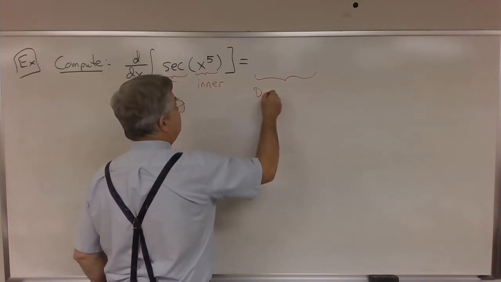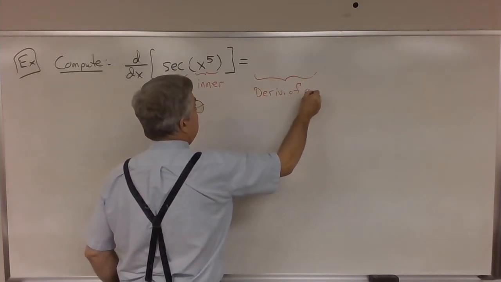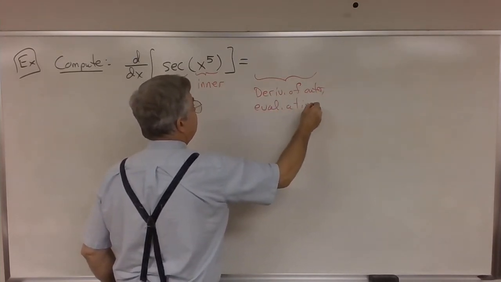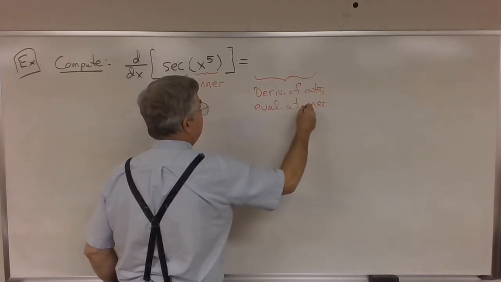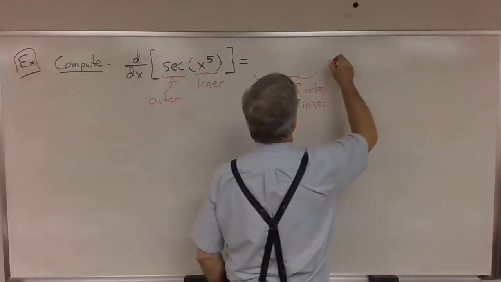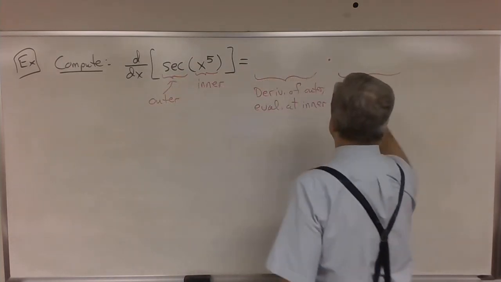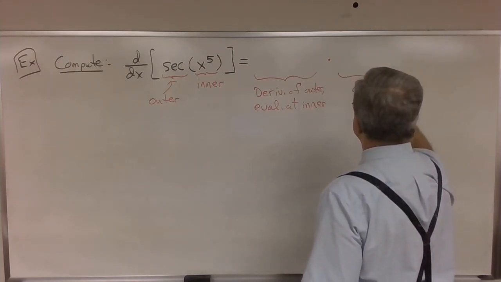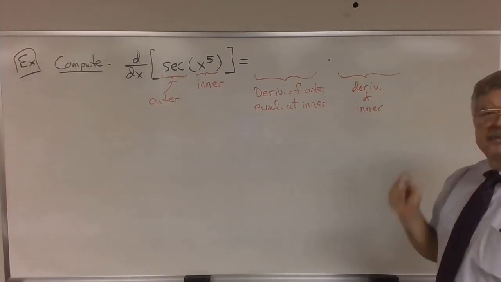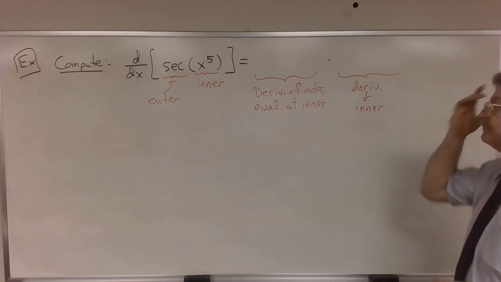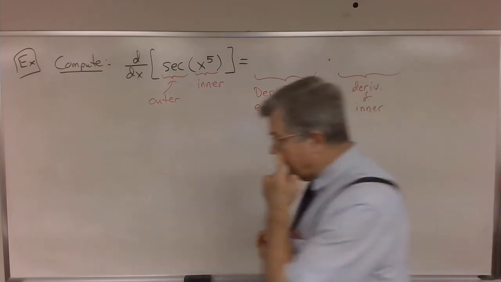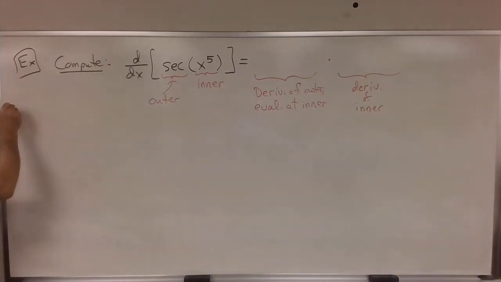So we have the derivative of the outer evaluated at the inner and then times the derivative of the inner. That's what the chain rule says that we get. And as I did before, I'm going to plan this out. I'm going to write down my scratch work.